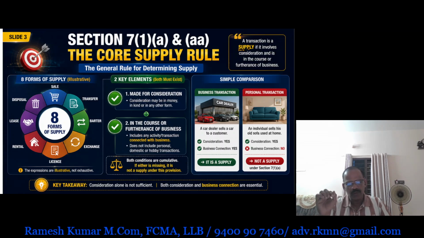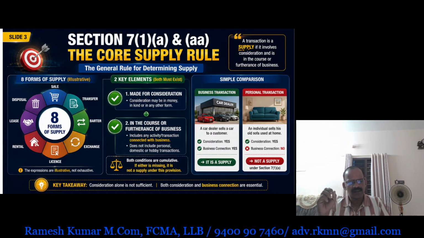Under the general rule, two important conditions normally have to be satisfied. First, is there consideration? In simple terms, has something been received in return, either money, goods, service, or another benefit?